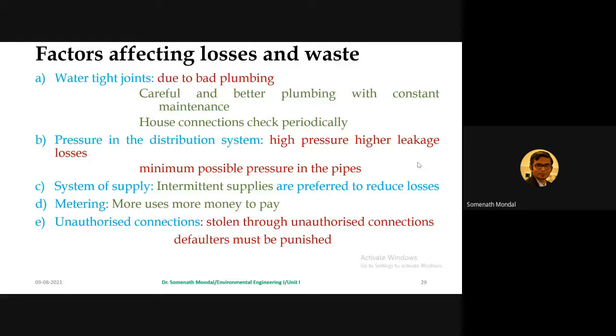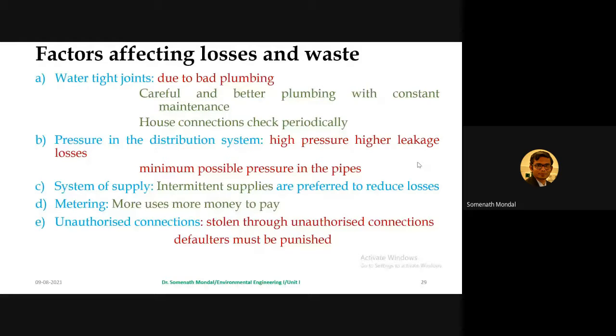Unauthorized connection is also a big problem, considering the practices in our country. You can steal water through some unauthorized connections, and sometimes this happens by offering some bribe and all.